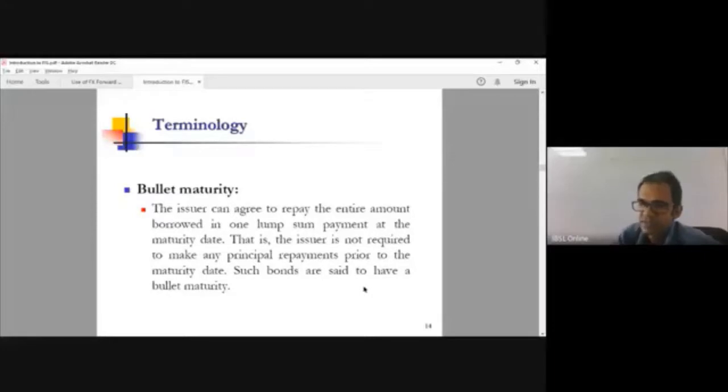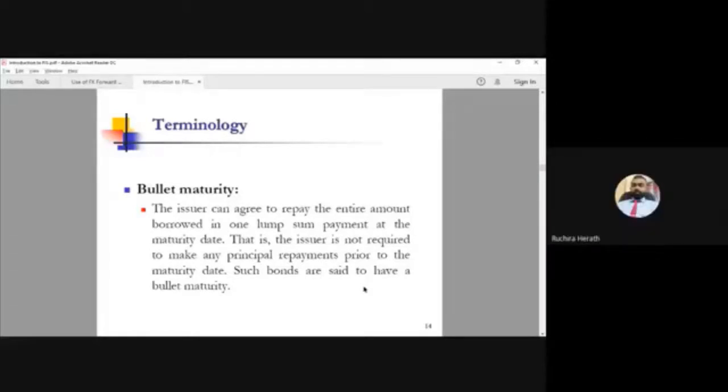There's no transfer of ownership to the lender. In that case, the original party will receive the coupon. If the ownership is transferred to the lender, then the lender will receive the coupon and transfer that coupon amount to the borrower. Is it clear?